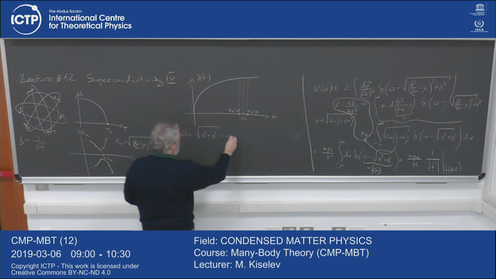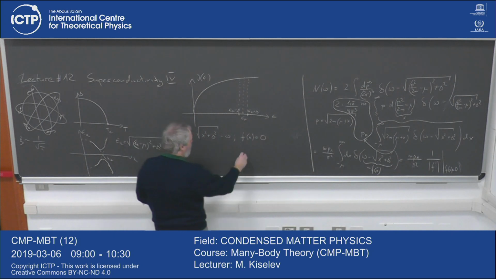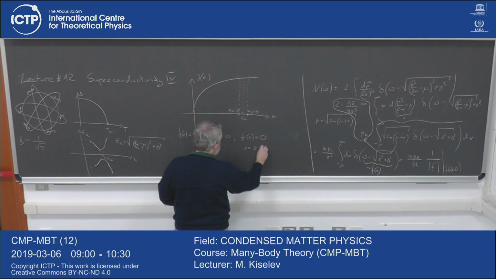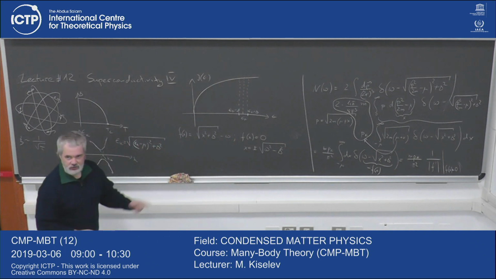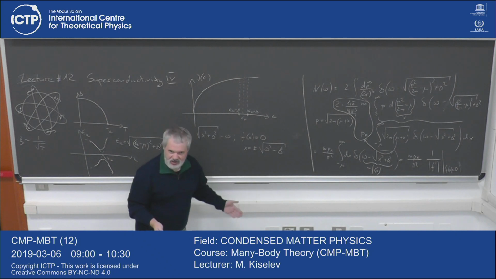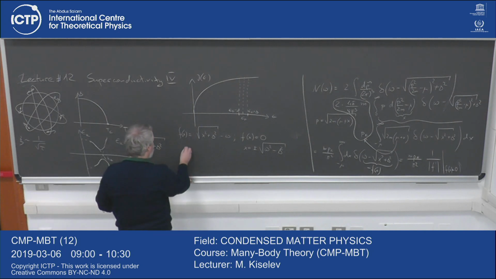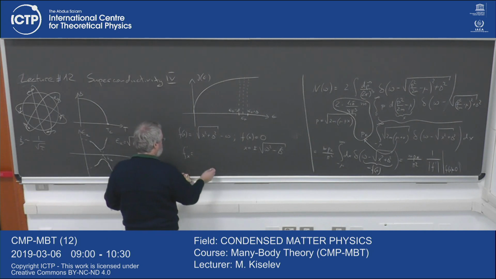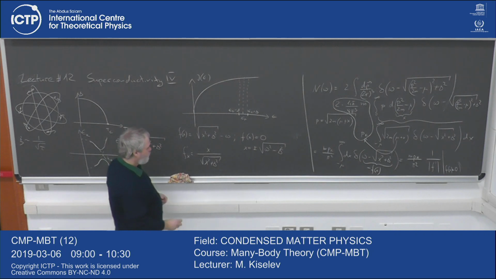So f(x) equal to 0 means x equal to plus or minus square root of omega squared minus delta squared. And you see already that there is some problem for omega smaller than delta. So this x becomes complex, which means that this region of energy is not accessible. So f prime(x) is equal to x divided by square root of x squared plus delta squared.